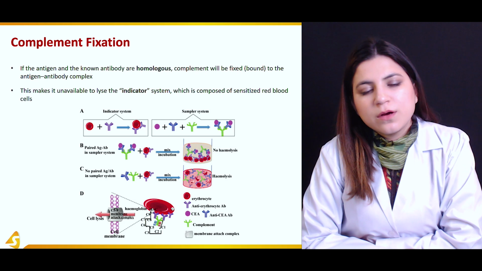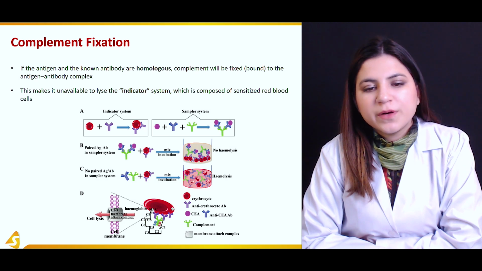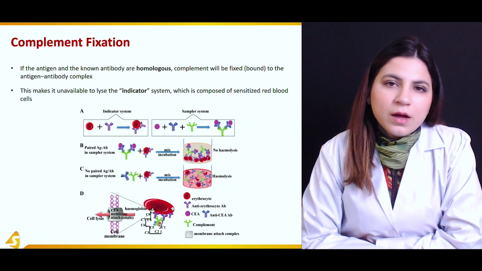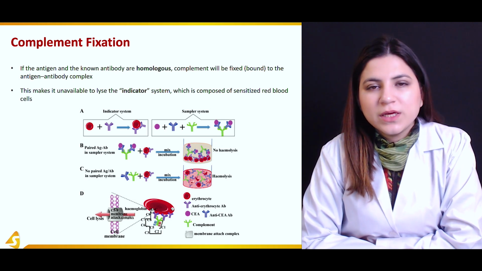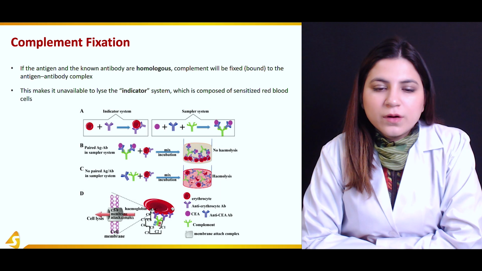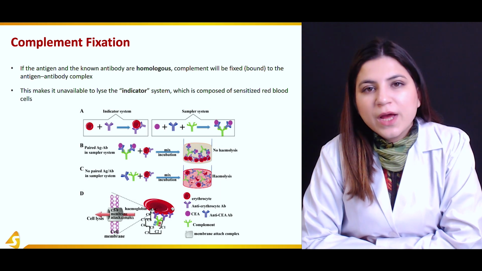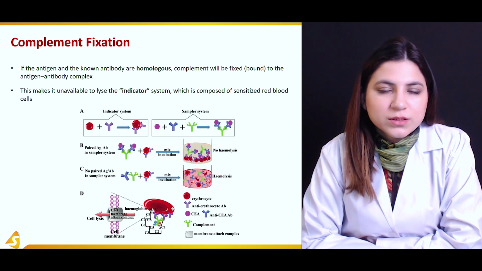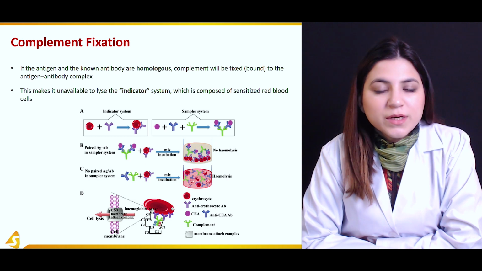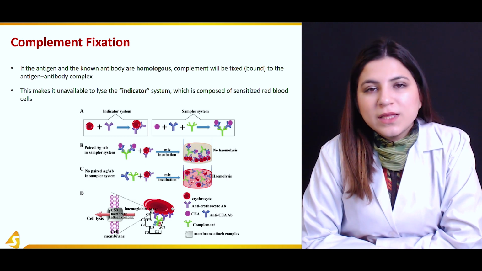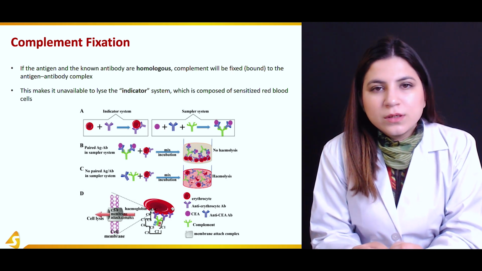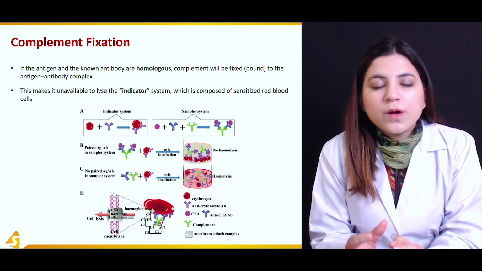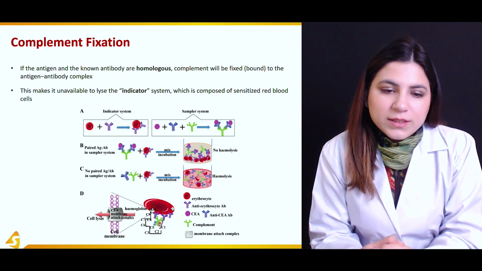So the first one of these techniques is the complement fixation. In complement fixation, what happens is that if the antigen of a virus and a known antibody are homologous, that is, they are complementary to each other, then they will fix themselves or bind, and form an antigen and antibody complex.